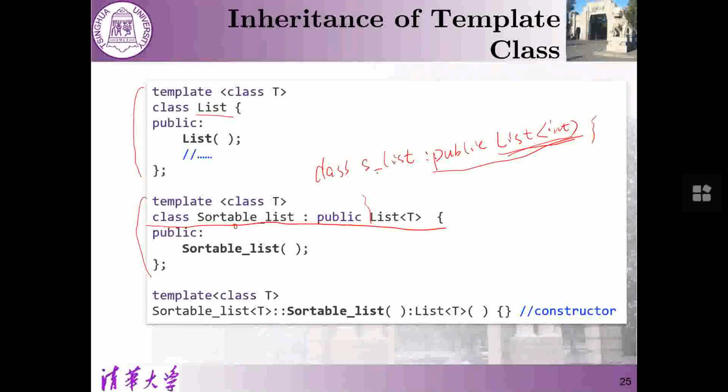So we define a subclass of int list, and that should work. We can also have this way. So this is to define a template subclass, right? Then this type T is used both in list and sortable list. This type T is used in the two classes, right? So this is how we do inheritance for a template class.